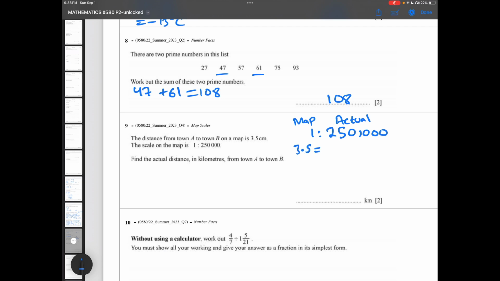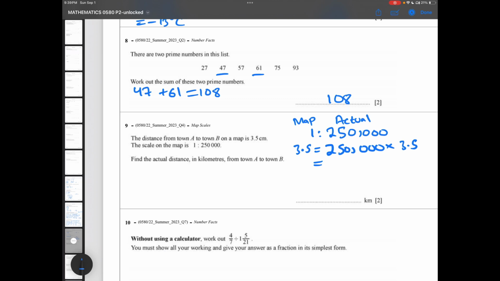So if the distance is 3.5 centimeters and 1 represents 250,000, it is really obvious that we will multiply 250,000 with 3.5 in order to get the actual distance.